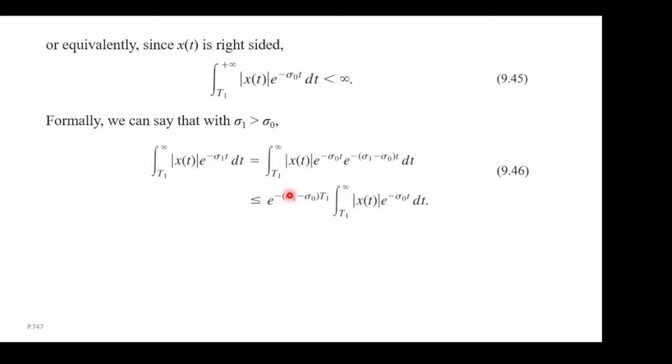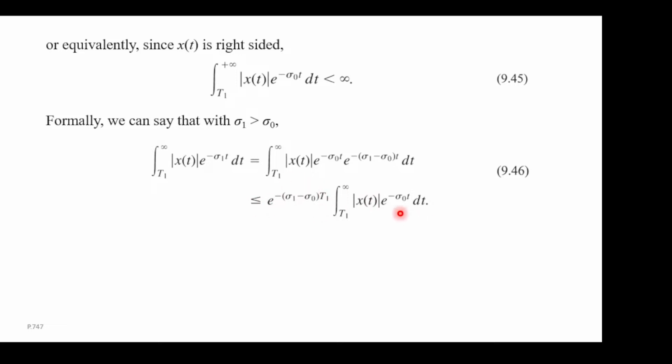Okay, so this is upper bounded by the previous part times the maximum value of this exponential, which is e to the minus sigma 1 minus sigma 0 times t1, and whatever. So this might be a big value, but since t1, sigma 1, sigma 0 are all fixed values, this is just some number.